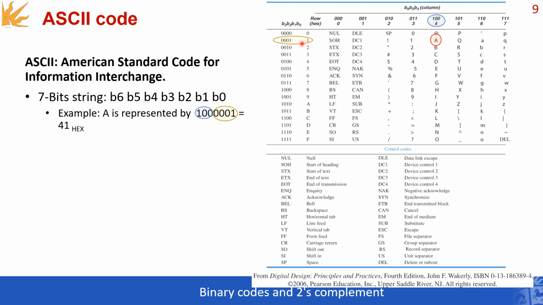Now, if we turn to the row number, it gives us the next 4 bits, the least significant ones, which is of course mapped to a hexadecimal equal to 1. So the hexadecimal code for character A is the one that you see over here, or otherwise in binary format, it's this one, those 7 bits.